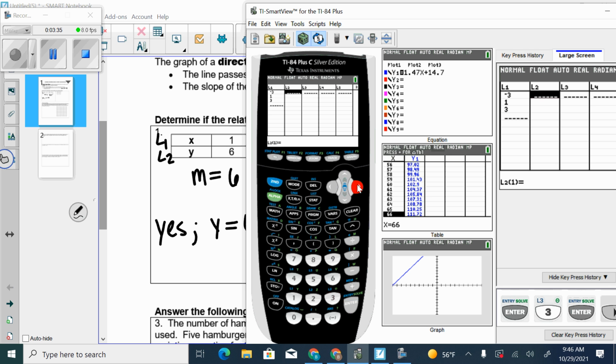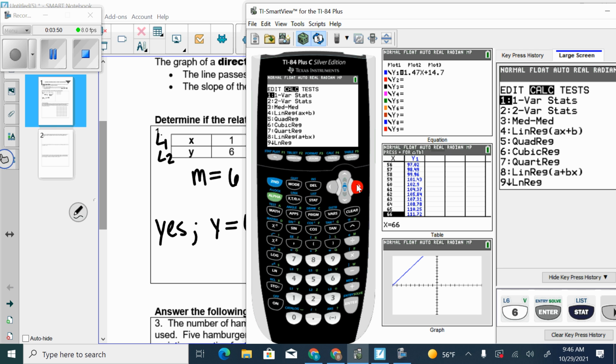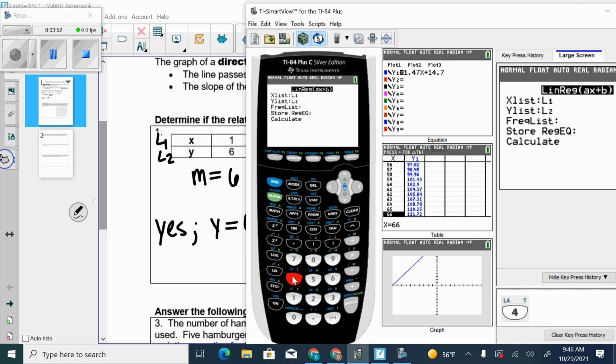And then in list 2, we're going to put our y values, which were 0, 3, and 6. Once we have all that typed in, we go back to Stat, Calc, choose number 4, go down to Calculate, and press Enter.